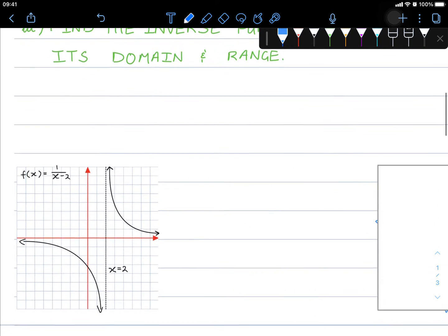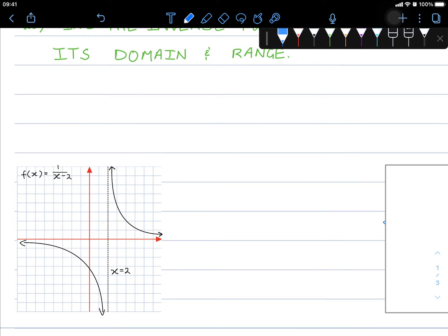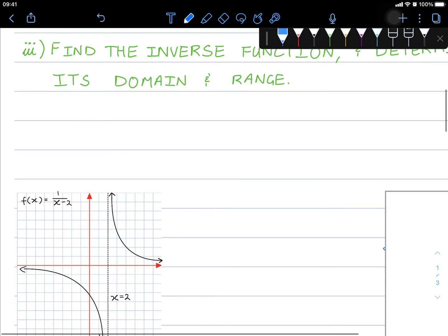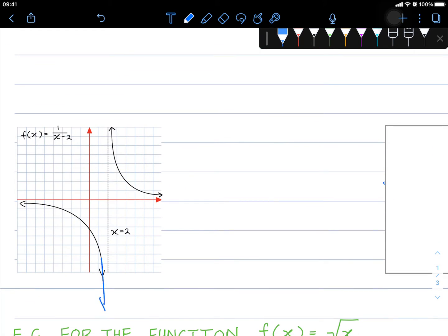Likewise, with its range, notice how there's a horizontal asymptote at y equals 0. So the graph can never hit 0. It'll always get closer and closer to 0, but it will never intersect 0. It goes infinitely downwards and infinitely upwards.